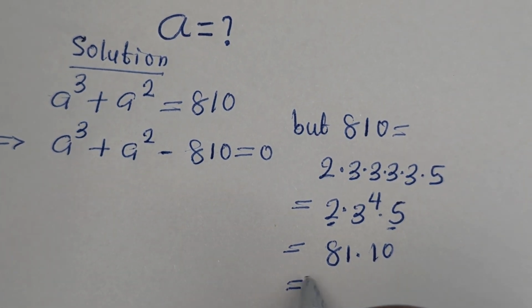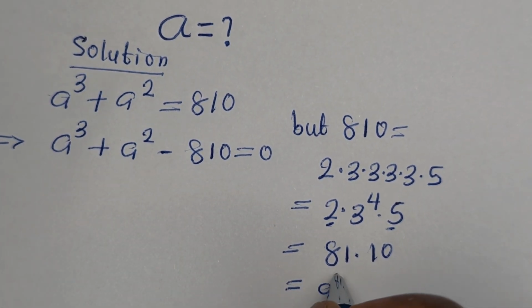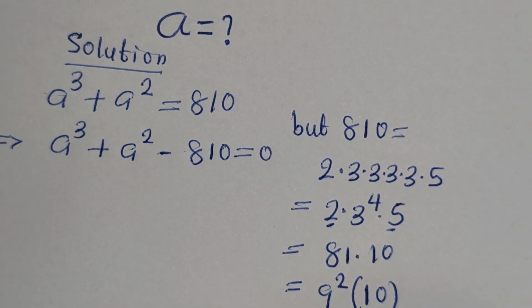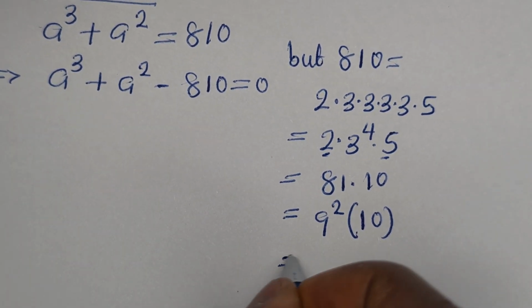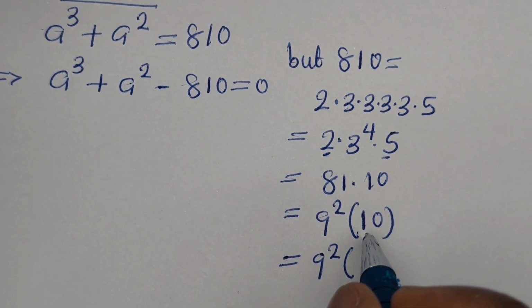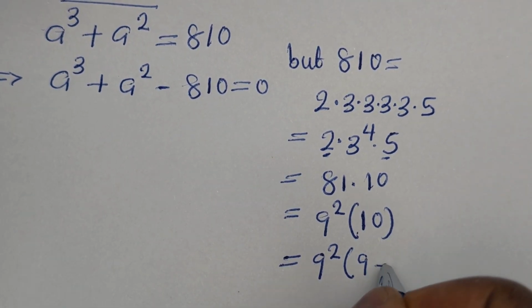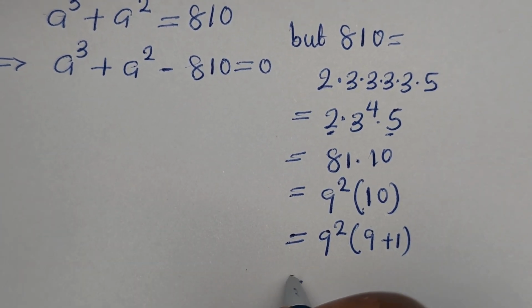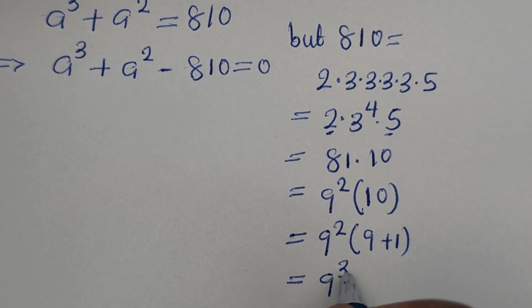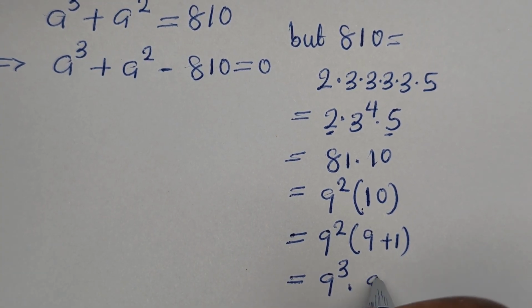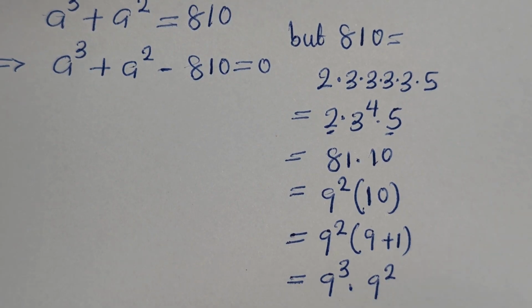Then this is equal to 81 is 9 square multiplied by 10, then equal to 9 square multiplied by 10 is 9 plus 1. Then if you open the bracket, this is equal to 9 raised to power 3 plus 9 square.